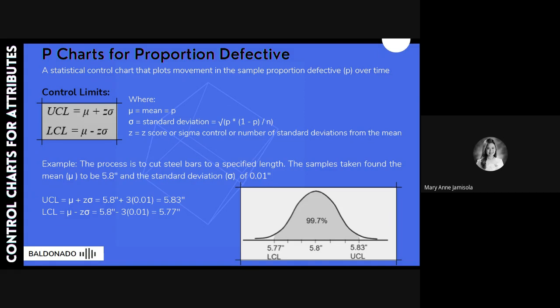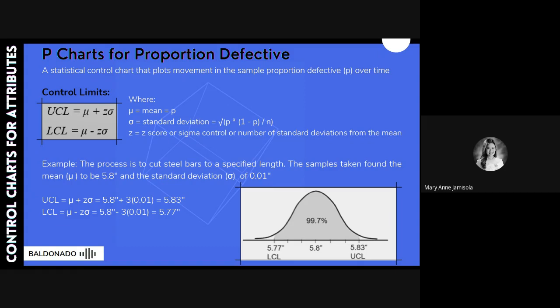So for example, in my exam, I will just be asking you if the process is within control or out of control. I will simply give you the amounts for the upper control limit, the lower control limit, and the average. From there, you can interpret whether such characteristic is acceptable or not acceptable.